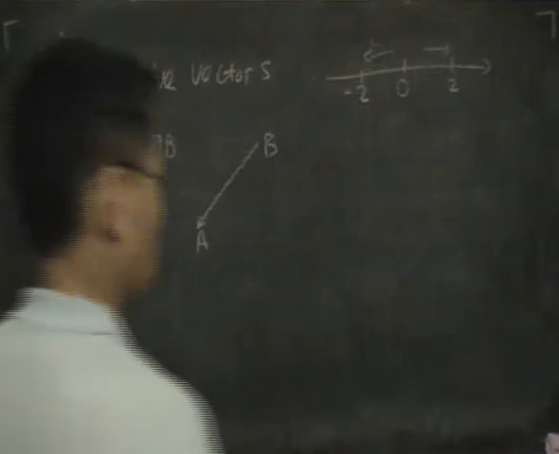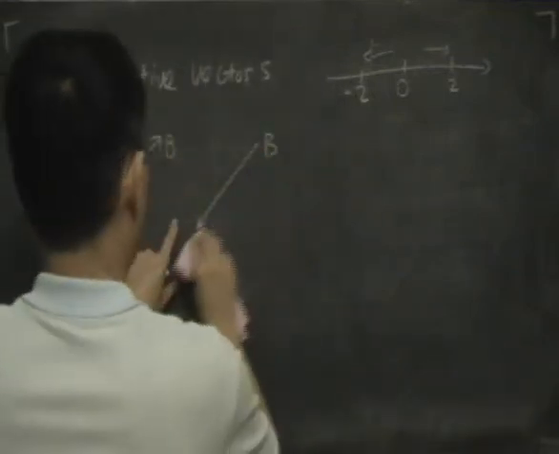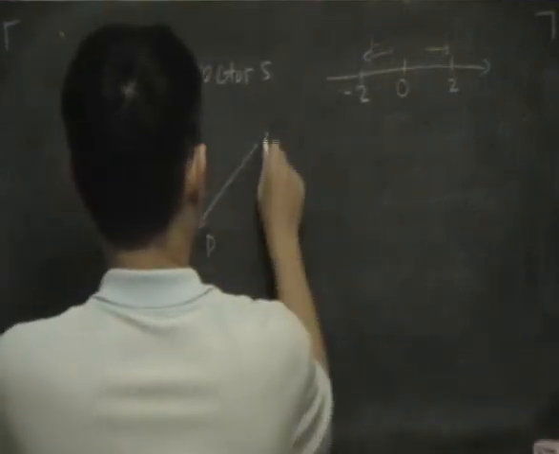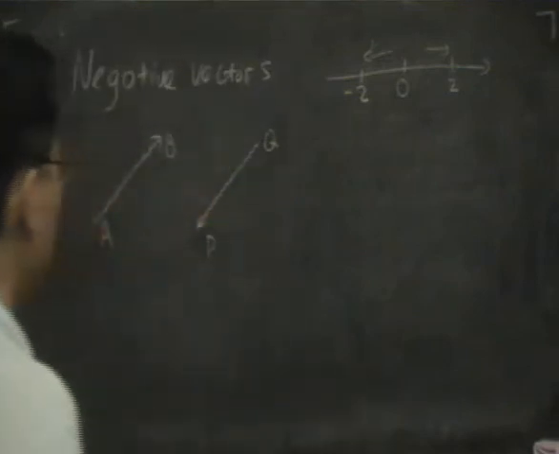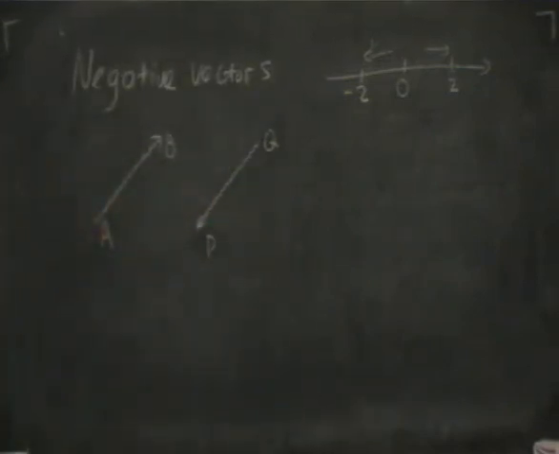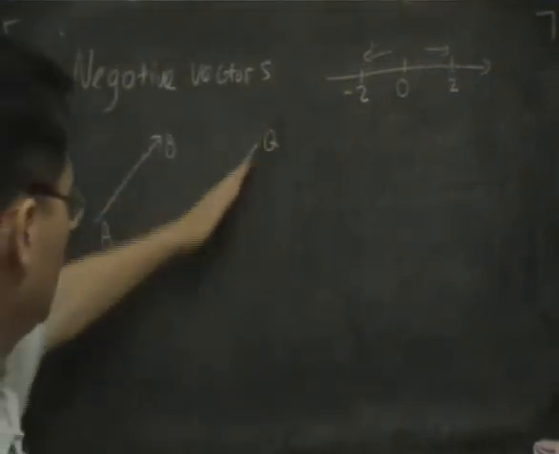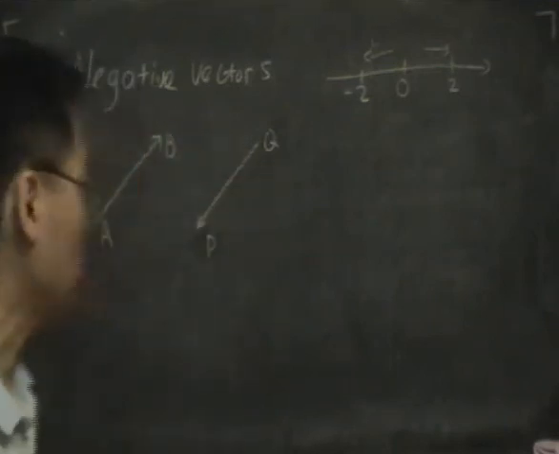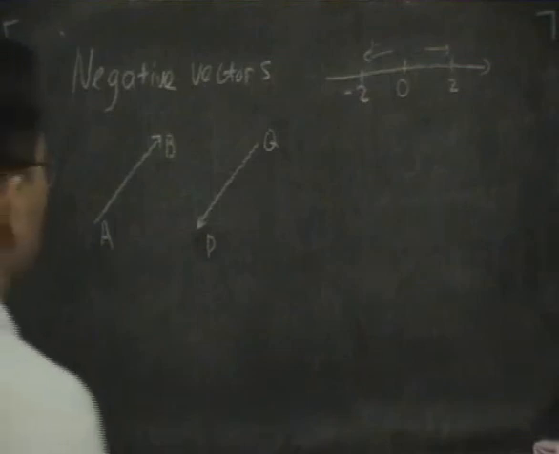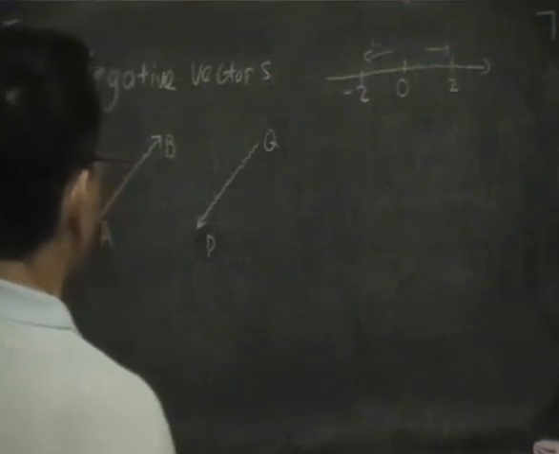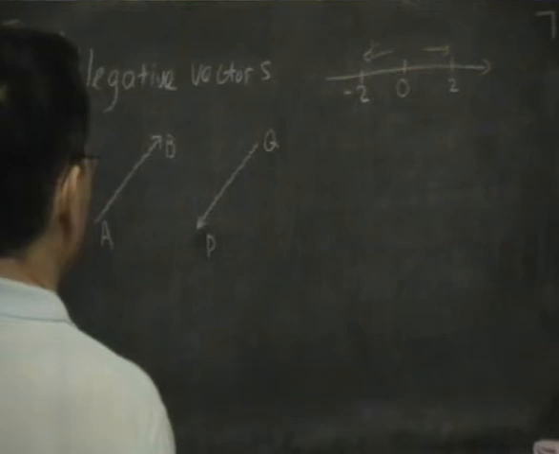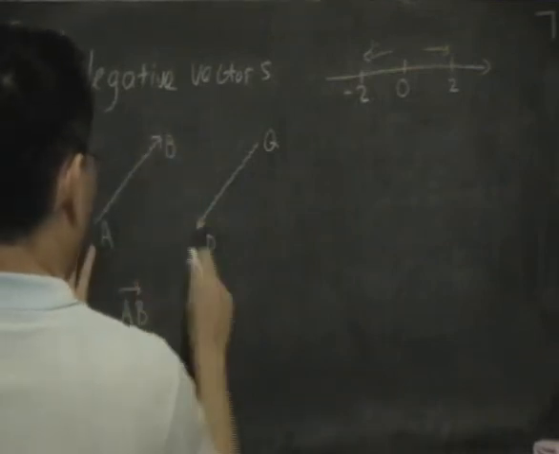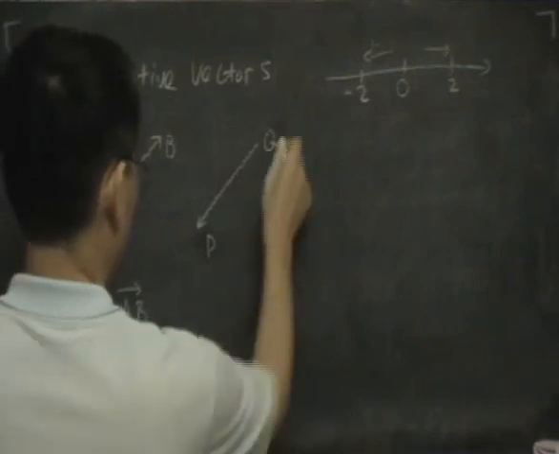Now I should give it a different name. PQ. Alright, imagine that I have this vector here with the same magnitude but in different directions. Now this vector is AB, that vector is QP, pointing from Q to P.